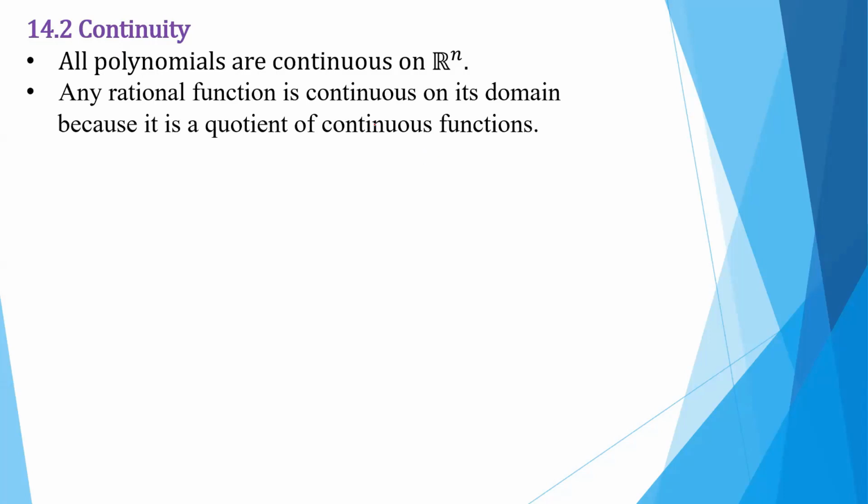Rational functions, polynomial over polynomial, are also continuous on their domain, but no longer on all of R^n: for P1 over P2, you have to be sure that P2 of your input is different from 0 to be defined. So it is continuous on its domain, not on the whole space R^n.